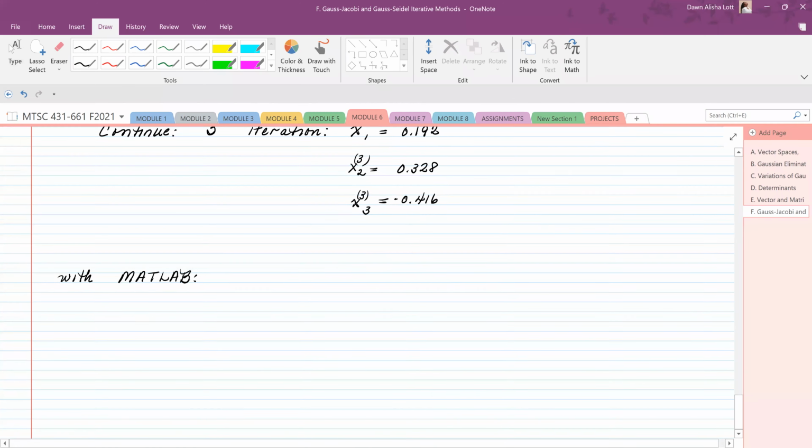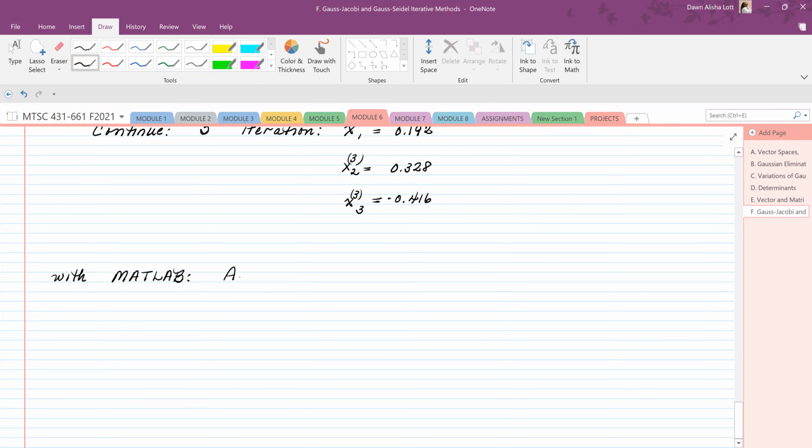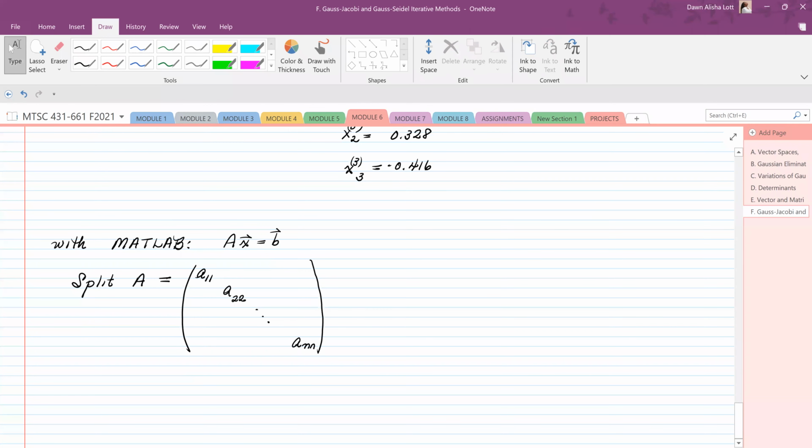With MATLAB, again, we're solving AX equals B. You want to split A into these matrices. The first piece only contains the diagonal: A11, A22, down to ANN. Everything else is 0.